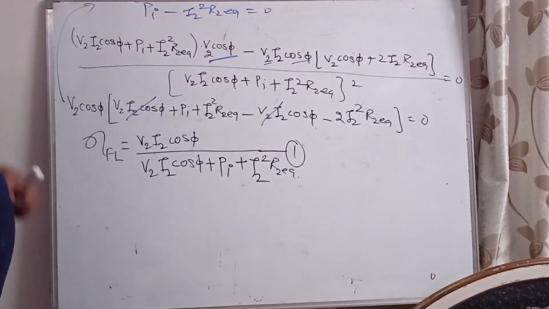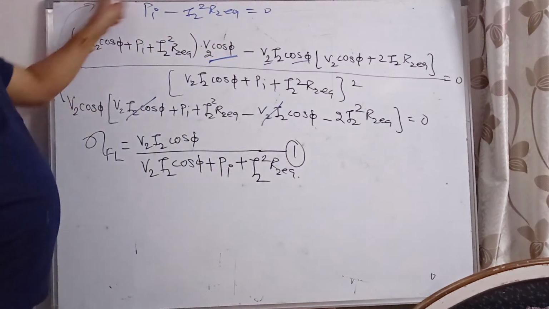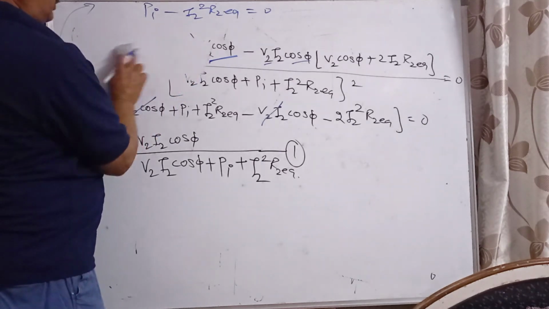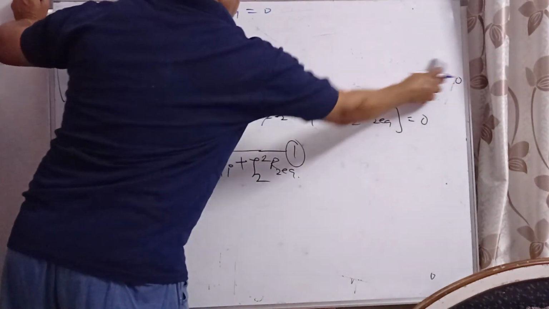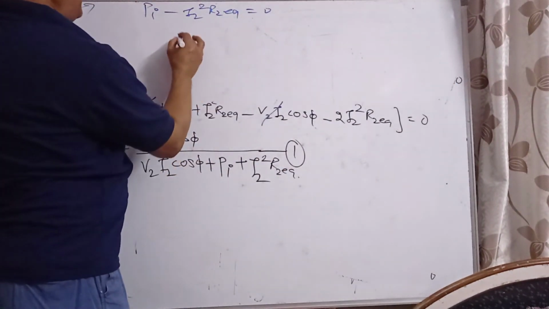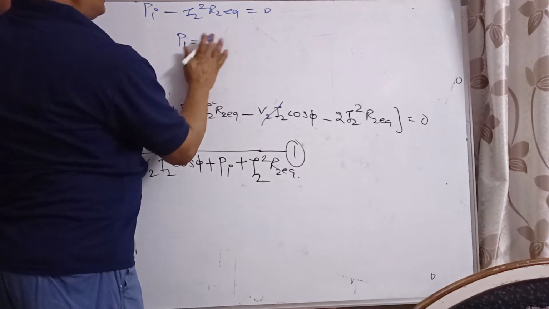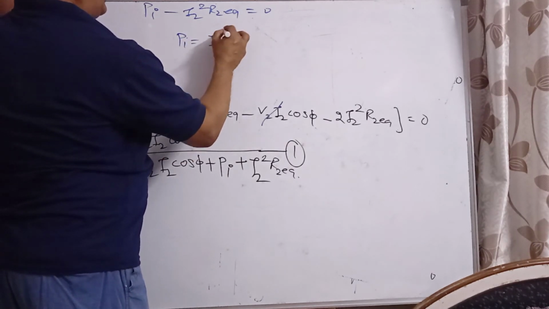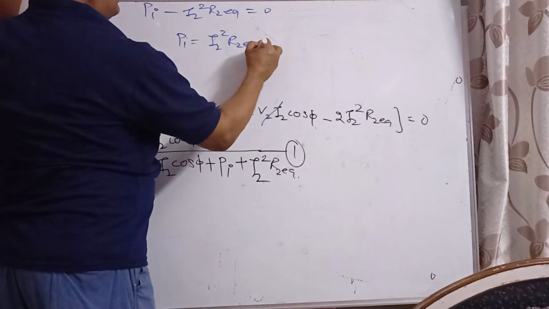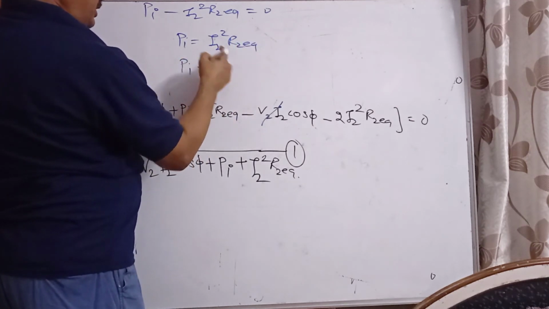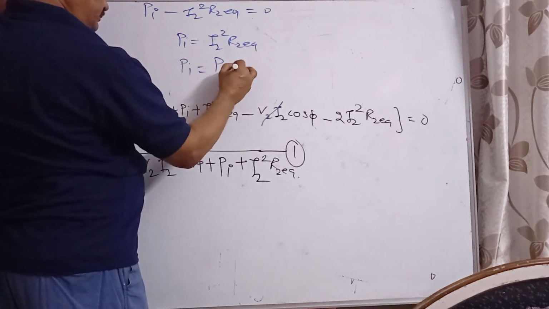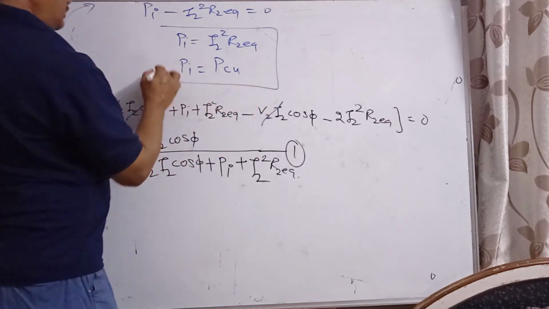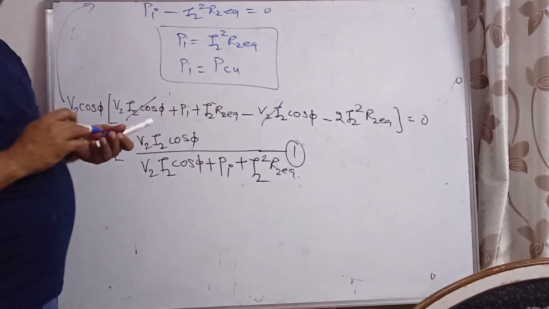In other words, Pi is equal to I2 square R2 equivalent, and I2 square R2 equivalent is copper loss. So this is the condition for maximum efficiency.